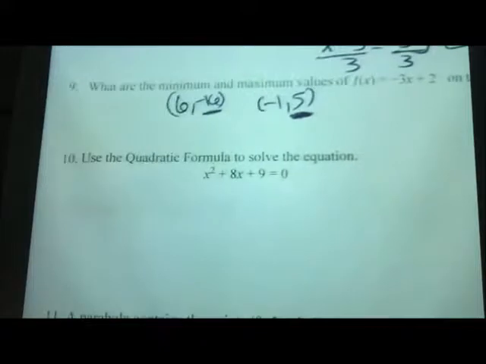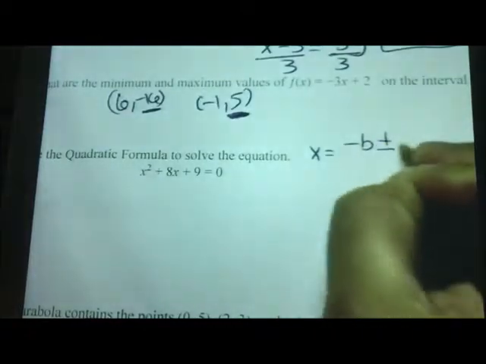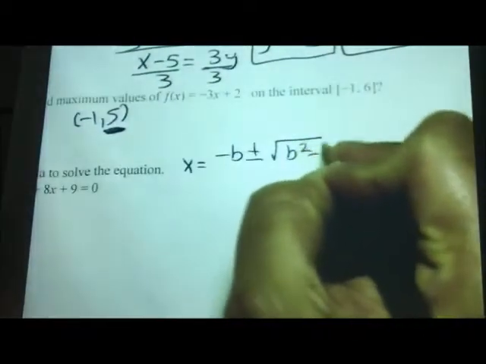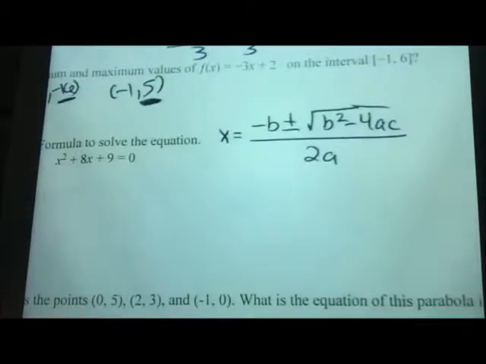Now, use the quadratic formula. Let's write it down. x equals negative b plus or minus the square root of b squared minus 4ac, all over 2a. So this is the formula.